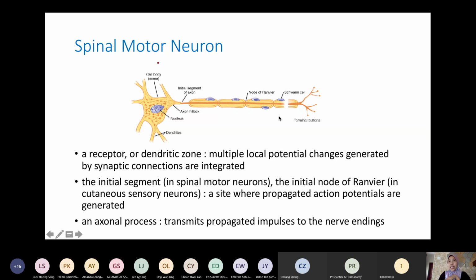So please bear in mind, what are the examples of fast motor neurons? We have a lot of motor neurons: the D fiber motor neuron, the alpha, delta, beta, and the C fiber motor neuron. Now the axonal process will transmit the propagated impulse.